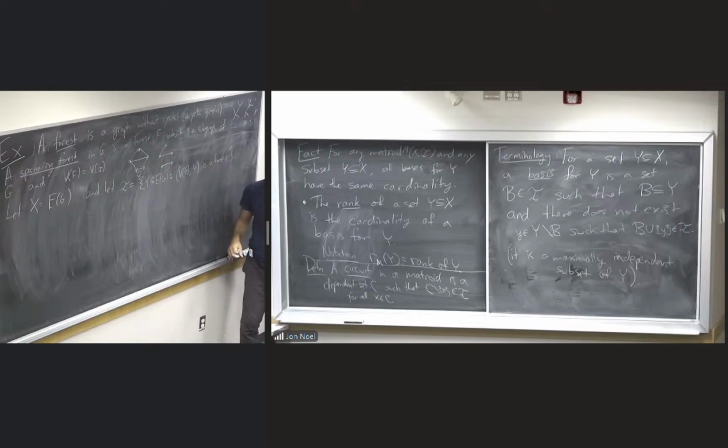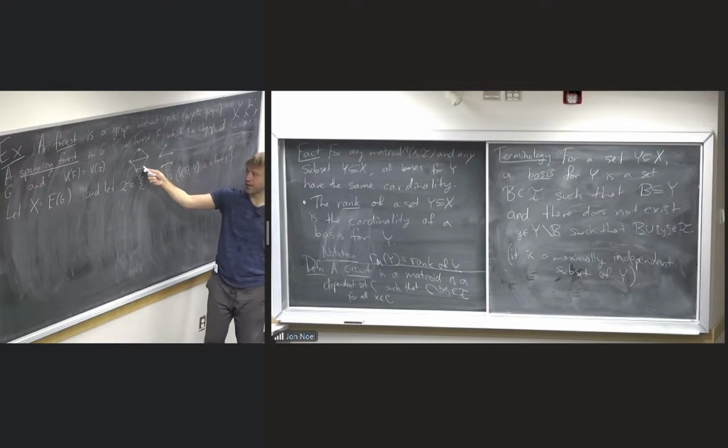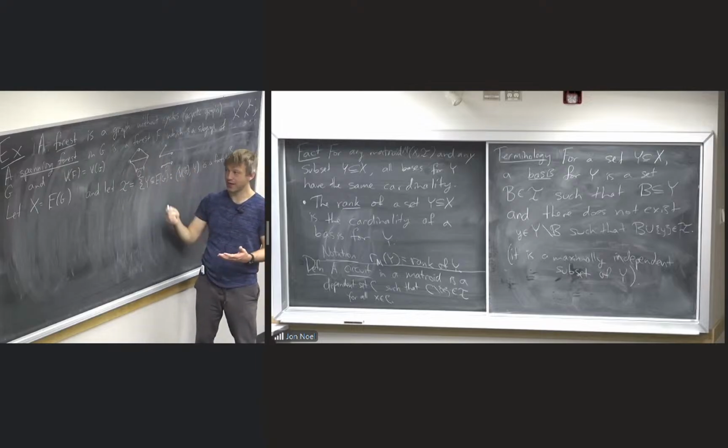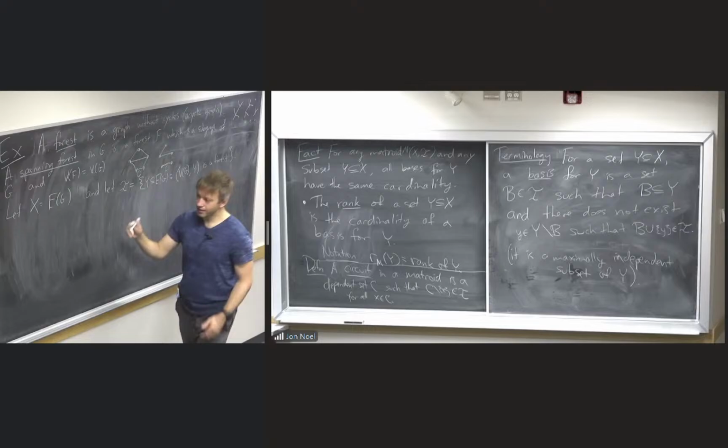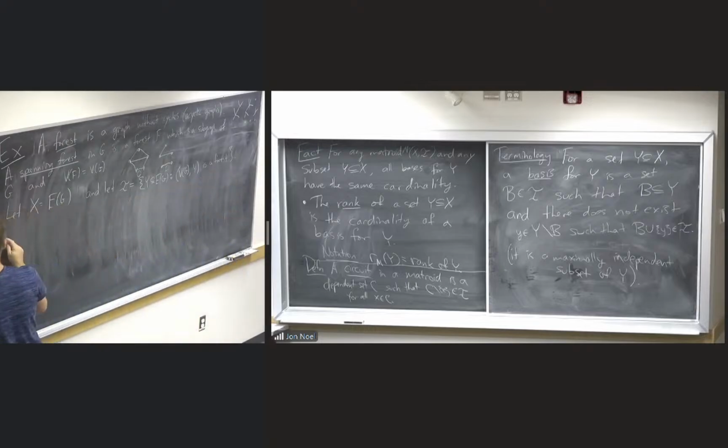So for example, if you take this graph and select none of the edges, that gives you 5 isolated vertices, that's a forest. So that would be an example. And obviously, if I take any forest and I delete some edges from it, it's still a forest. So this is going to satisfy the first 2 conditions kind of trivially. So we want to show that this is a matroid.